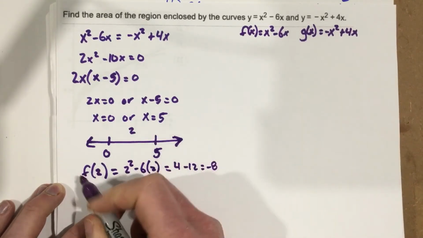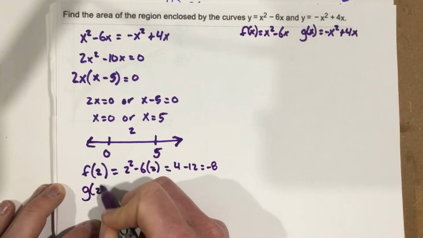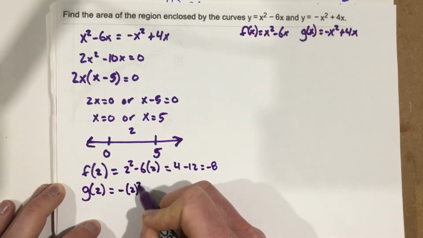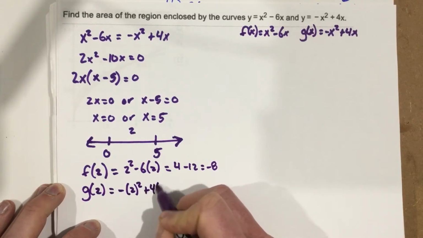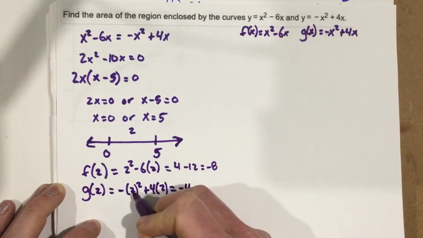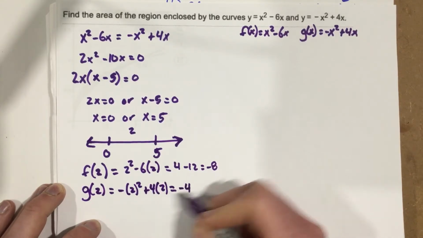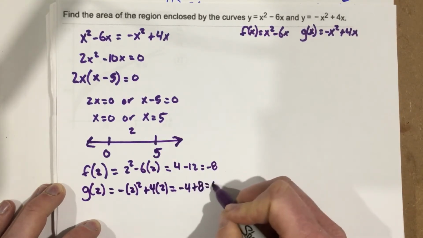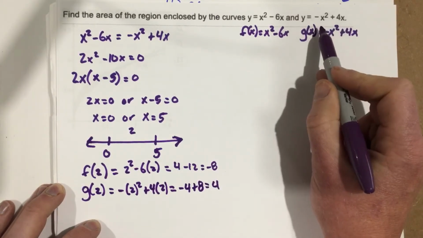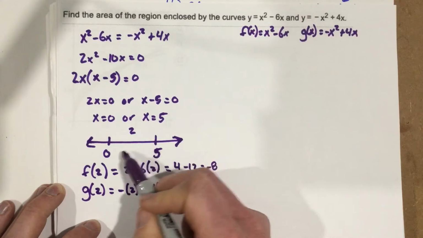The g function, g of 2, is going to be negative 2 squared plus 4 times 2. Well, that's negative 4, because 2 squared is 4, negative in the front, plus 8, which is 4. So we can clearly see that this function here is the larger function between these two spots.